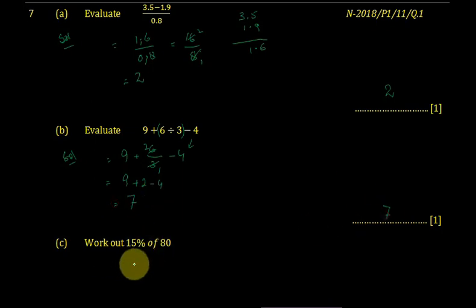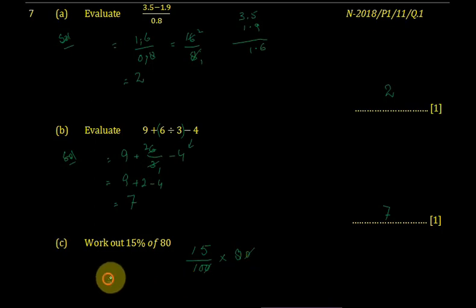Now 15% of 80. So how do we find the percentage of any number? 15% means 15 divided by 100. Of means multiply, and 80. So we do some calculation here. We can cut the 0 with this 0.